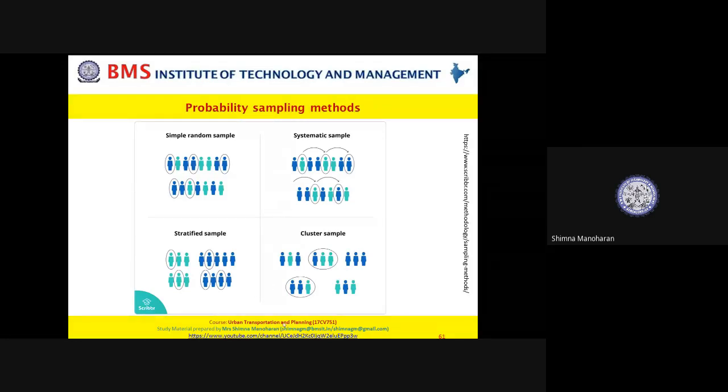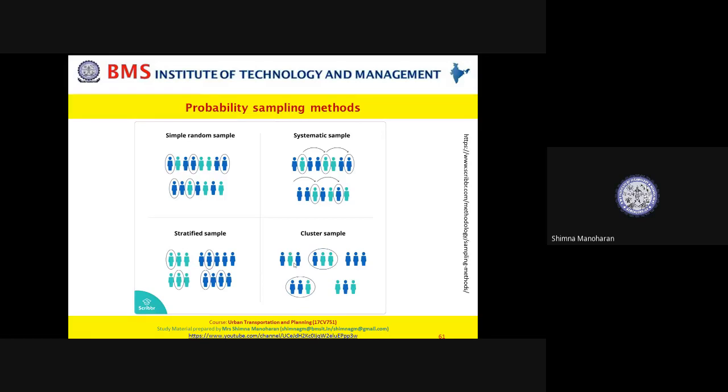The advantage is that when the population is large and quite dispersed, this method is good. But here again there is a problem. If there is a substantial difference between the clusters, say I divide the clusters based on income, high income and low income, and I have to study the influence of a certain parameter based on income, and I choose only high income people, obviously my data will be biased. So there should not be substantial differences of features between the clusters.